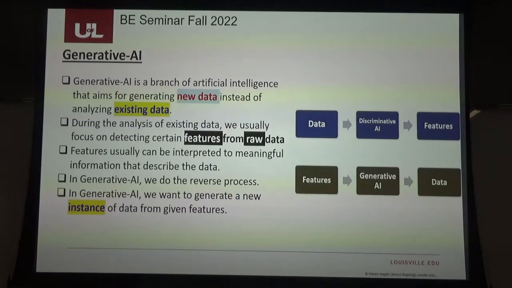But in generative AI, let's say we need a model that can generate a realistic image of a car. So we need to provide the features of a car, like asking the AI, please generate a car that's perhaps a Mercedes-Benz model, and we need the model to generate this instance of the car. So it's the reverse process itself.